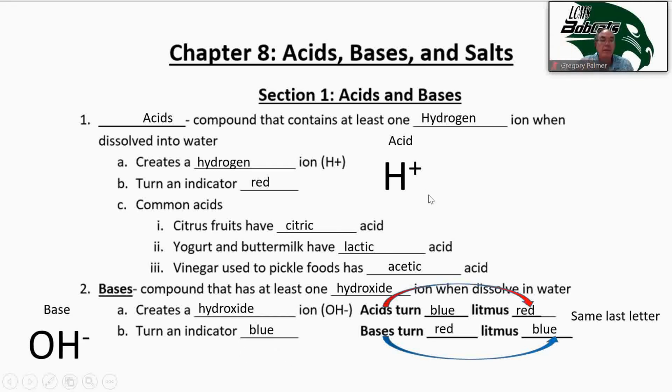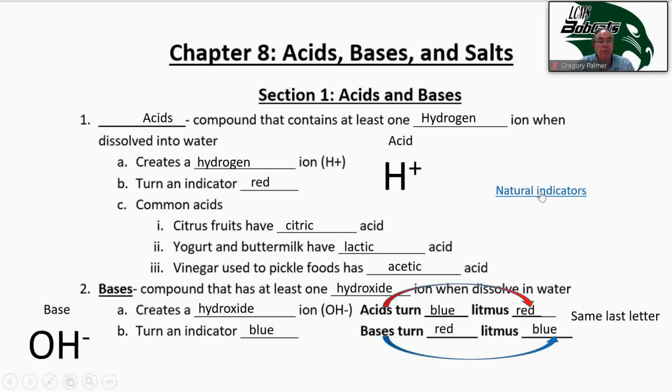So remember I said that one of the reasons why we studied dissolving in the last part of this unit was to understand how things ionize, and this is why: acids ionize into hydrogen ions and bases ionize into hydroxide ions. So this is a key characteristic.